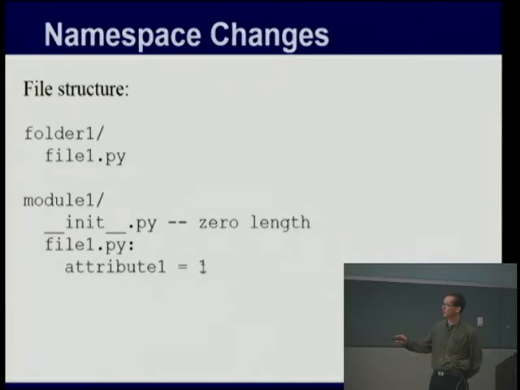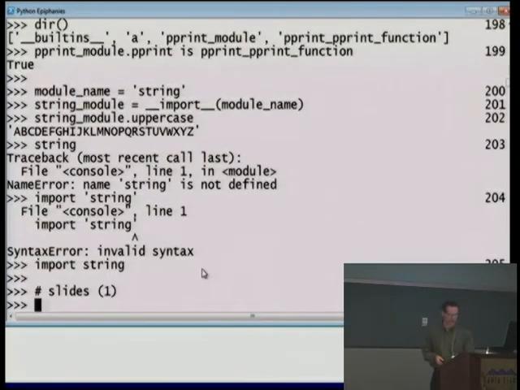And in that folder, I also have file1.py, and it contains attribute 1, which has the value 1. Okay? So you might want to keep that handy, because I can't show you both slides, but you might want to refer back to the top of page 10, which is what I just covered up.